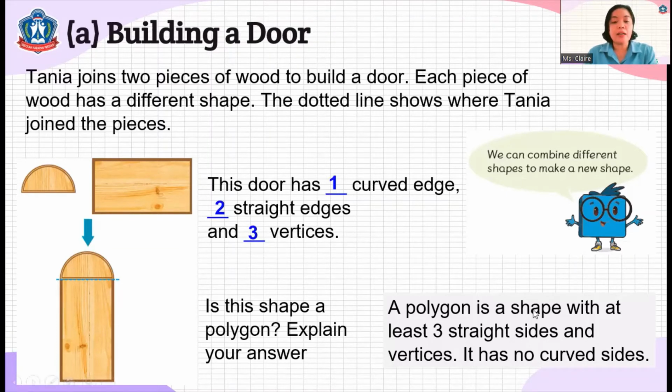So this is not a polygon because a polygon should have all straight lines. It has no curved lines. But if we only focus on the one shape, the rectangle, this is a polygon. This other one is not a polygon because it has a curved side.